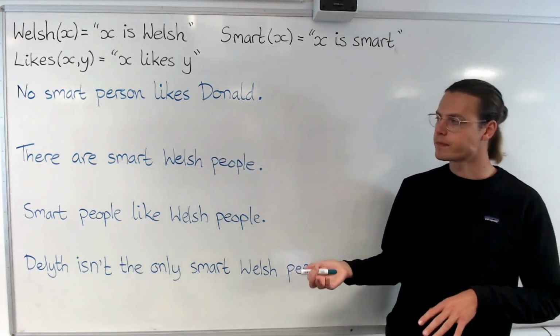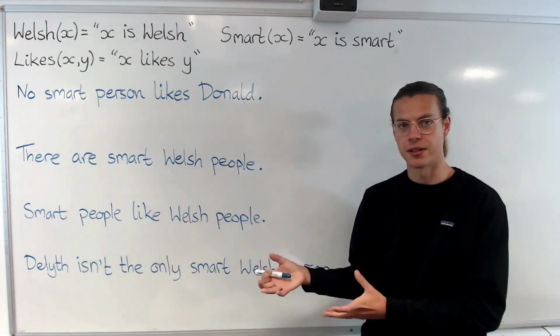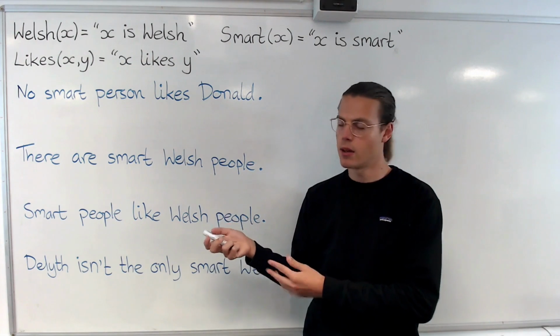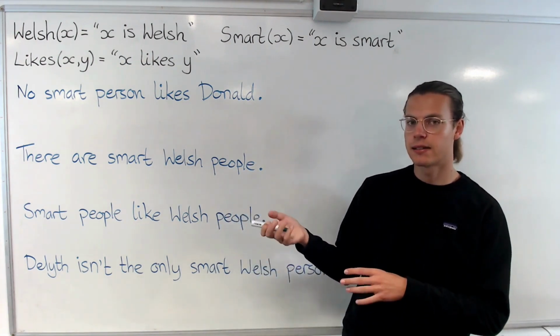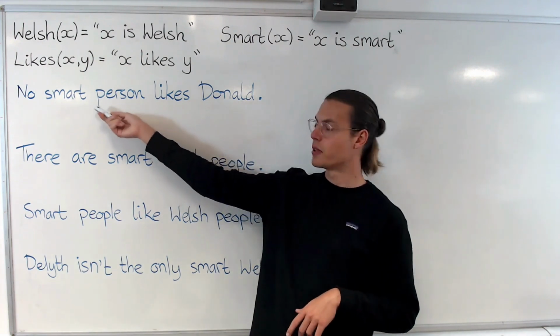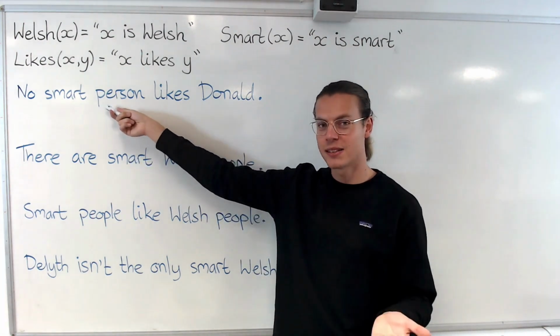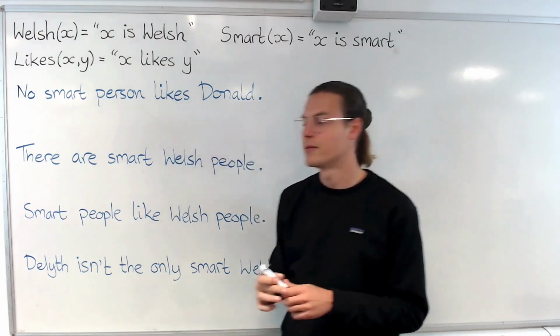Another way to say this, there does not exist a person, X say, such that X is smart and X likes Donald. No smart person likes Donald. There is no person that is both smart and likes Donald.